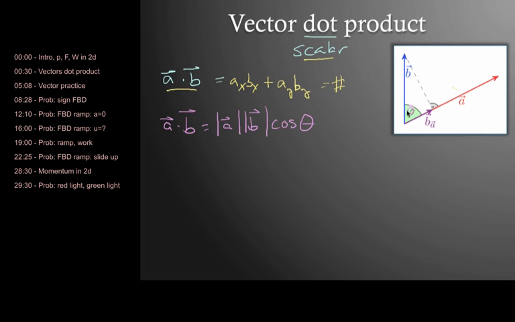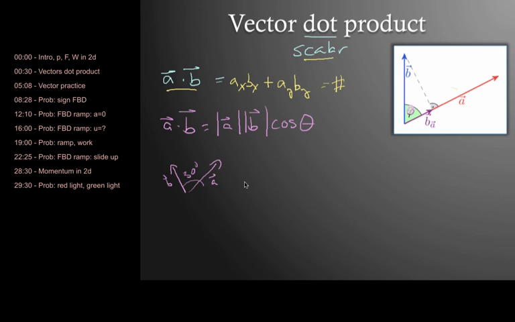So here we can imagine theta. So here if we have two vectors and say that this angle is 30 degrees or something like this, we could look at A, we could look at B.